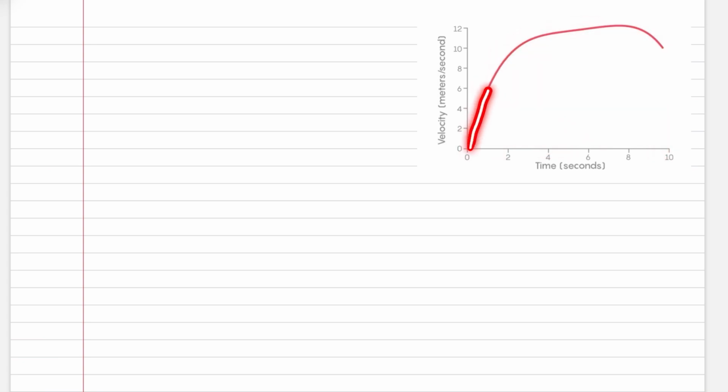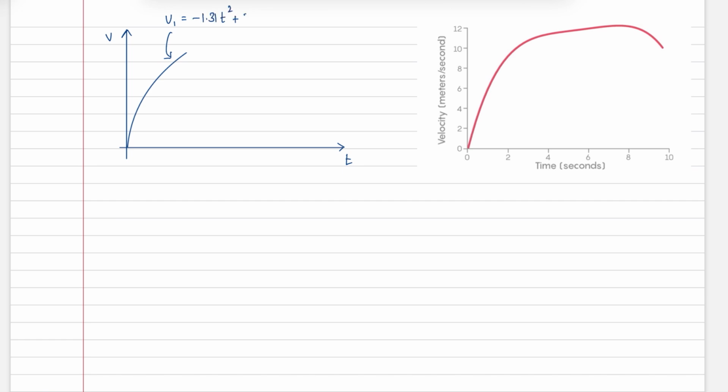What if the graph looked like this? Okay, so I'm going to now sketch out that graph. I'm going to provide you with the numbers. So this here is time t, this here is the instantaneous speed v, and for the first part, we're going to capture it using a function given by v1 equals minus 1.31t squared plus 7.58t.